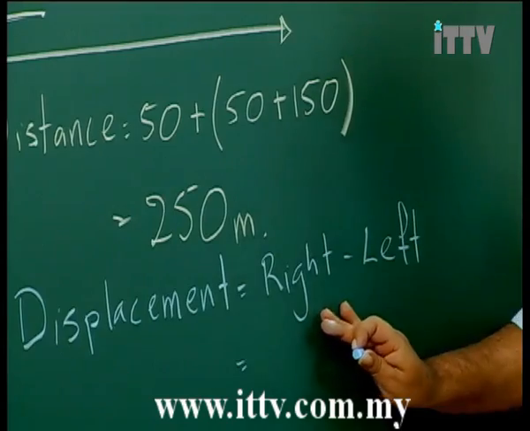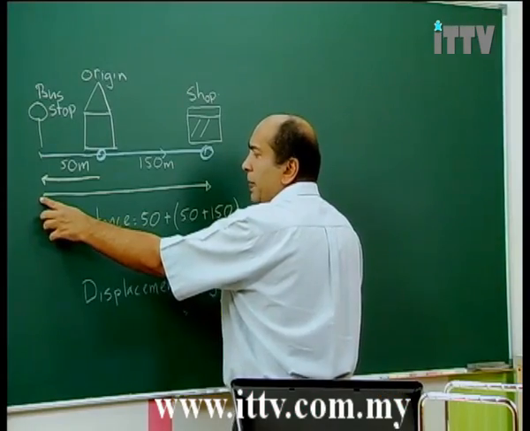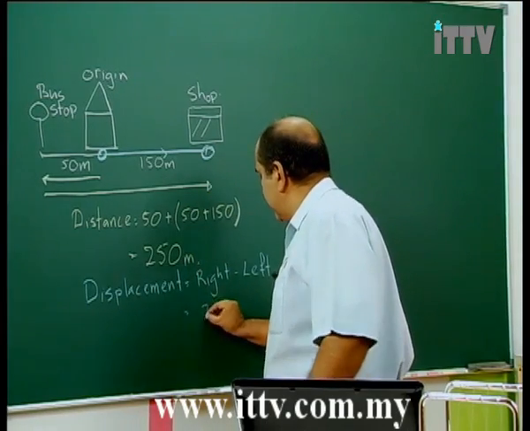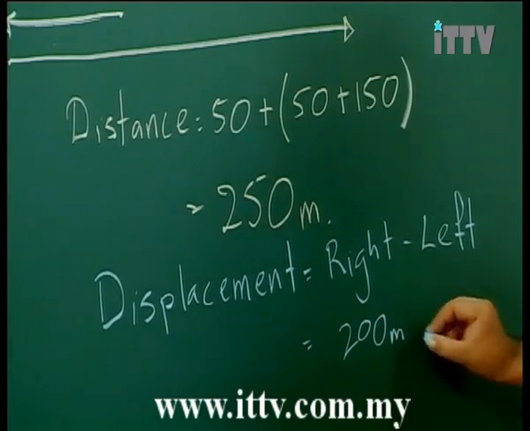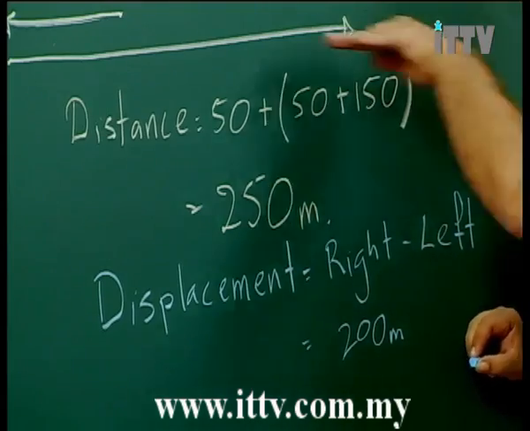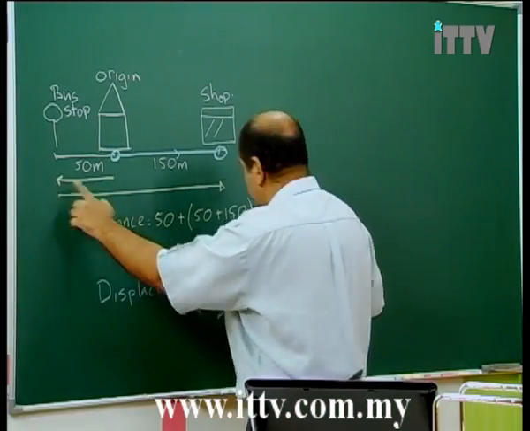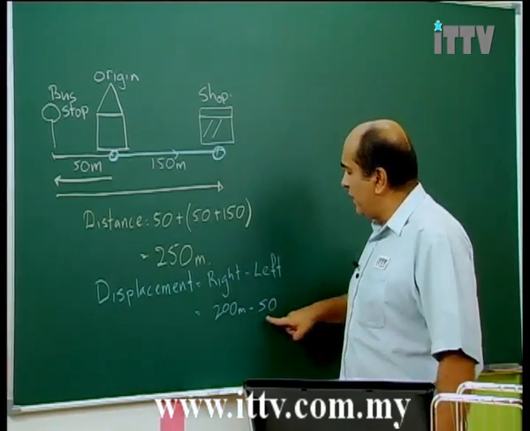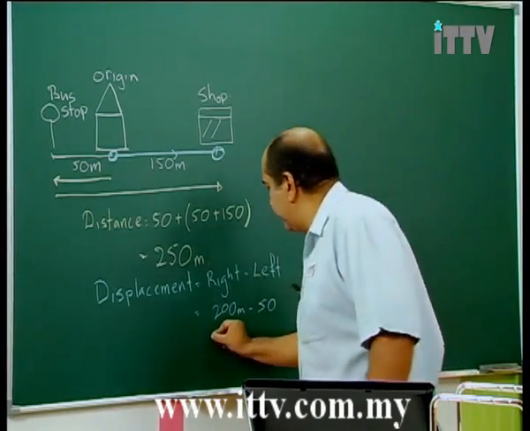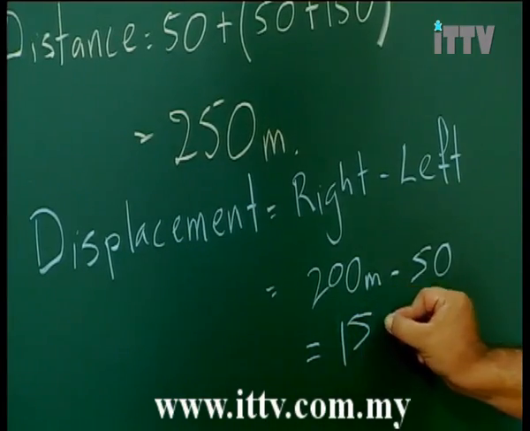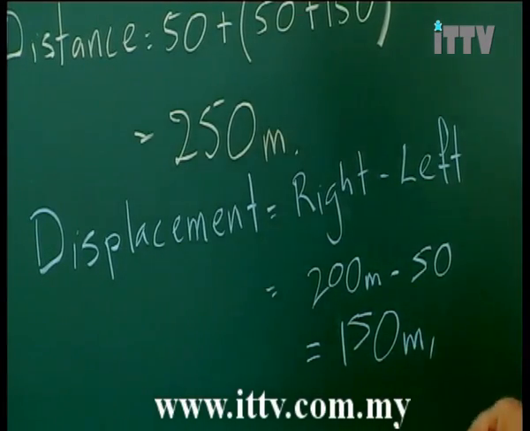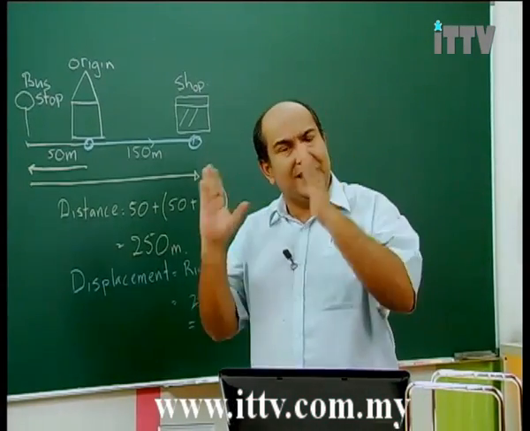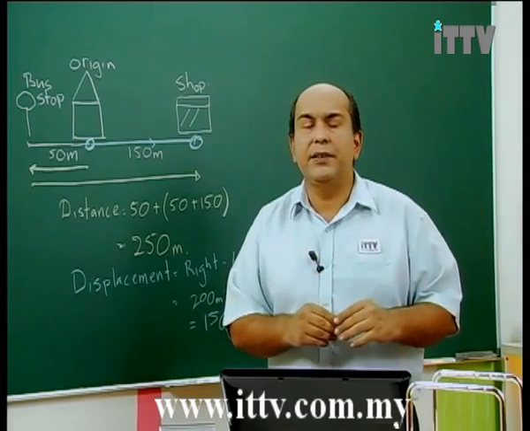Now, to the right, we are moving from here all the way to here, which is 200 meters. The total distance of movement to the left is only 50 meters. 200 minus 50 gives you 150 meters. So please understand the difference between distance and displacement.